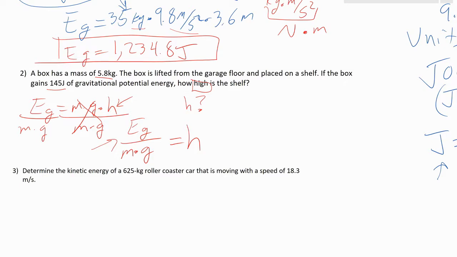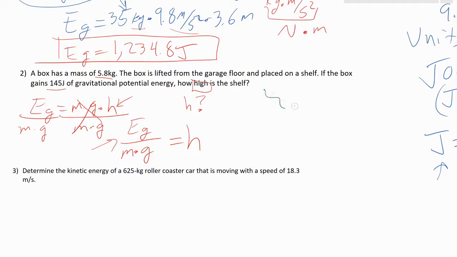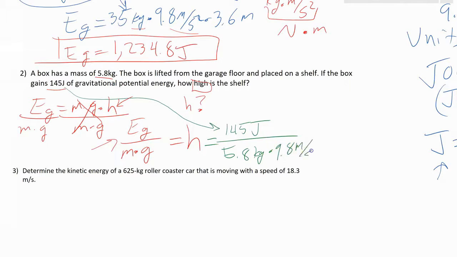Let's switch colors. Green sounds good. So now my Eg is 145 joules, divided by my mass, which was 5.8 kilograms, times G, which is 9.8 meters per second squared.